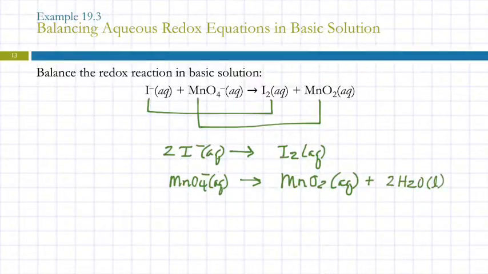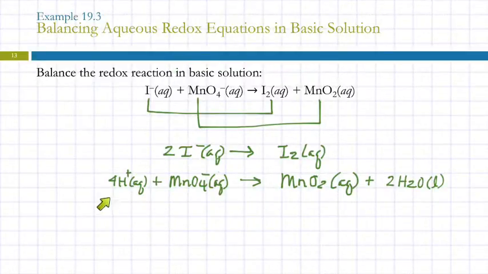I need 2 of them. Now I have 4 oxygens on this side and 4 oxygens on that side. To balance the hydrogens, I've got 4 hydrogens over here now. I need to add 4 hydrogen ions over here. It is now balanced with respect to mass, but it's basic solution.